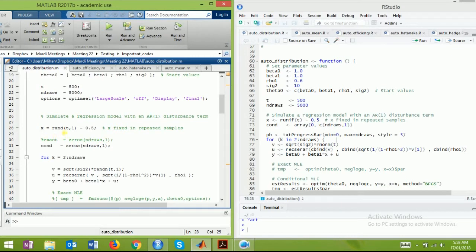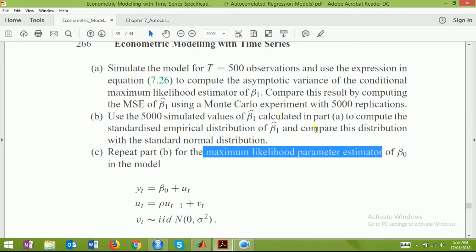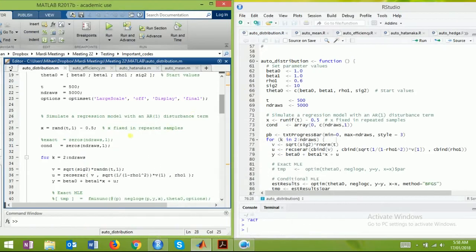So first, because X is fixed in repeated samples, we are talking about a deterministic exogenous variable. T rows, 1 column, minus 0.5. We are just fixing X with minus 0.5, because our distribution should be a uniform distribution with mean 0.5.